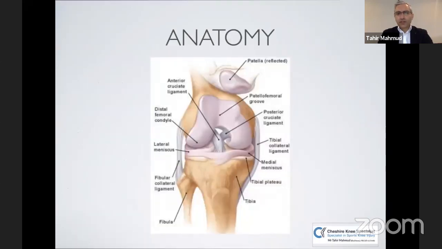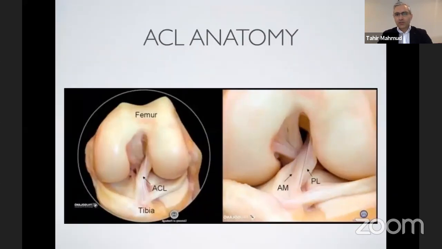So we all know the anatomy of the knee, but in particular, there was a very nice presentation a couple of days ago on the MRI diagnosis of anterior cruciate ligament injuries. I don't want to repeat too much, but as we all know, the anterior cruciate ligament is comprised of predominantly two bundles, an anterior medial bundle and a posterior lateral bundle. These bundles are referenced according to their origin on the tibia.